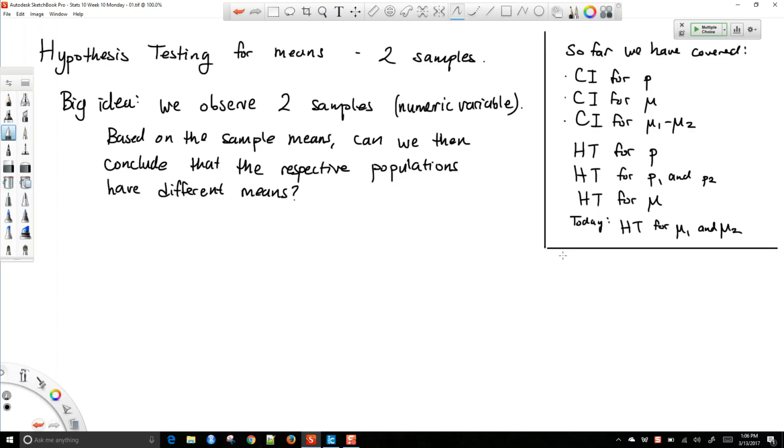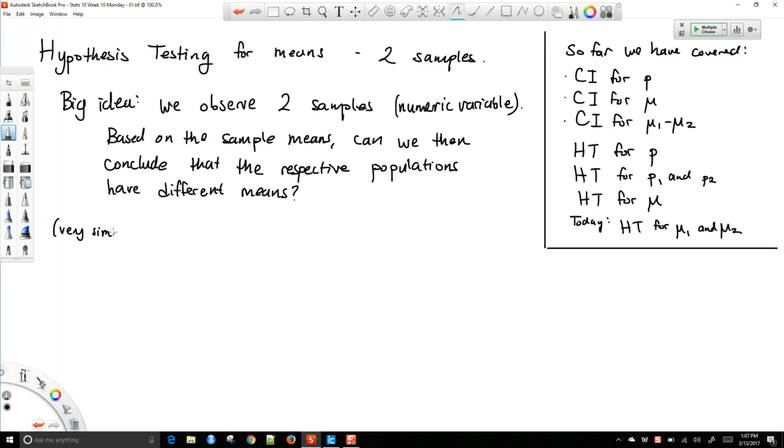With hypothesis testing, we're just testing whether we've got evidence that mu1 minus mu2 is 0 or not. But the math works out the same. Whatever conclusion you make from a hypothesis test will match the conclusion from a confidence interval.